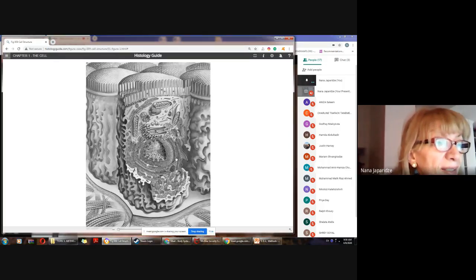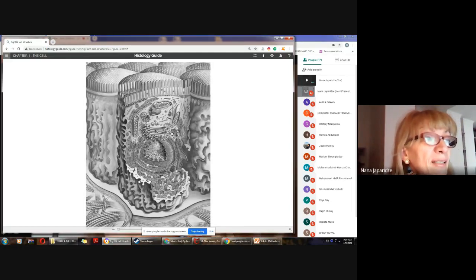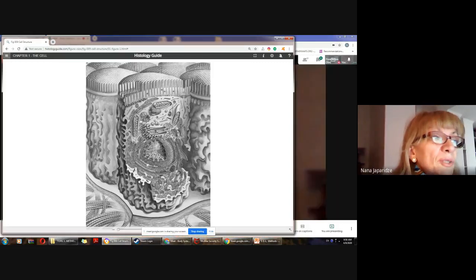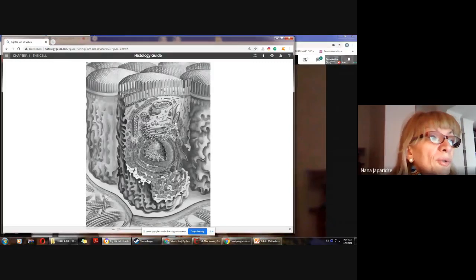You can see here a schematic image of the Golgi complex with a cis phase and a trans phase. You see here also mitochondria. You can see also centrioles, endoplasmic reticulum, rough and smooth.